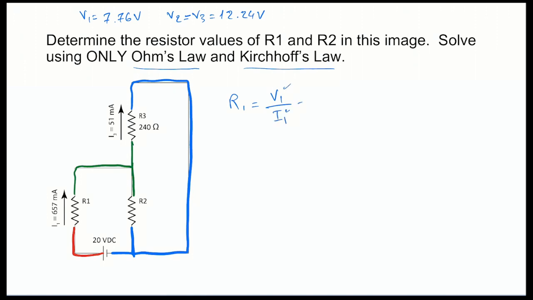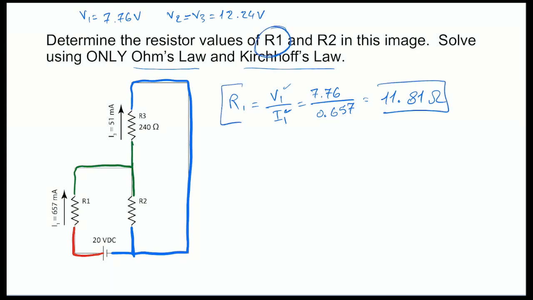We know both values, so it is going to be 7.76, which we just calculated, divided by 0.657 amps, which is 657 milliamps, and that is going to give us the value of R1. The calculation adds up to 11.81 ohms. So that's the first thing we needed to calculate.